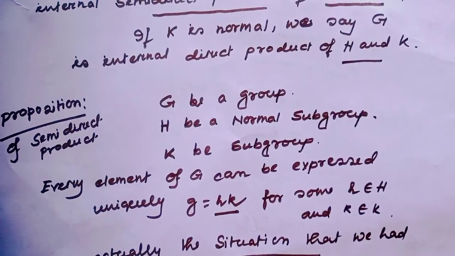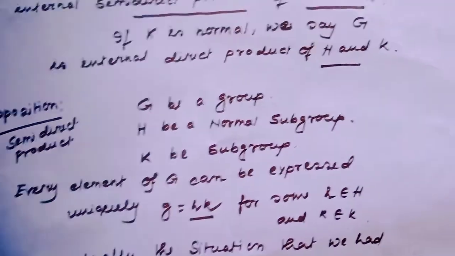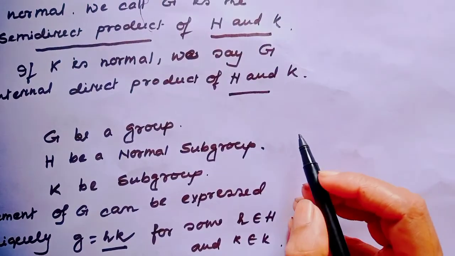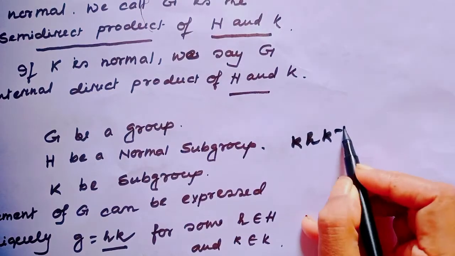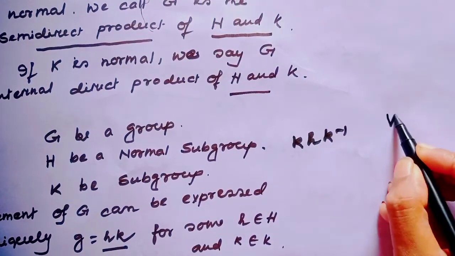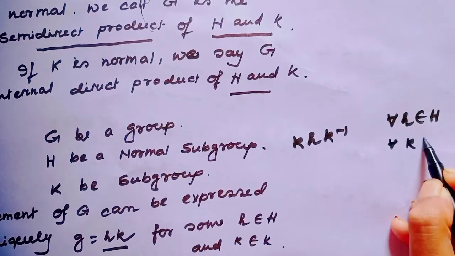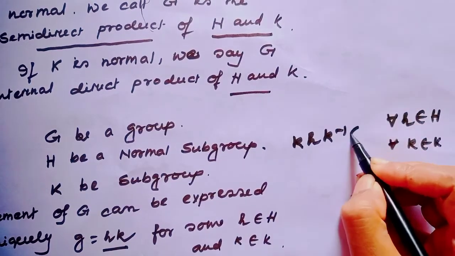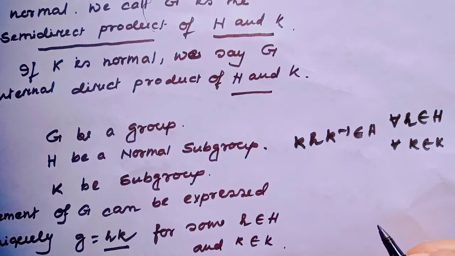And since every element of G can be expressed uniquely as g equal to hk for all h in capital H and k in capital K, and since H is a normal subgroup, we can write it also as k h k inverse, for all h a member of capital H and for all k a member of capital K. This is a member of capital H because H is a normal subgroup.